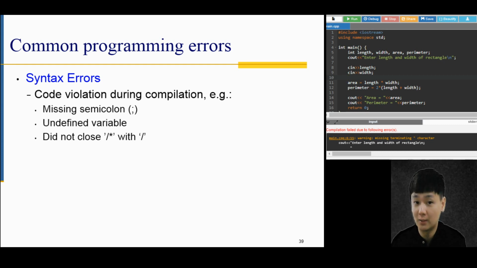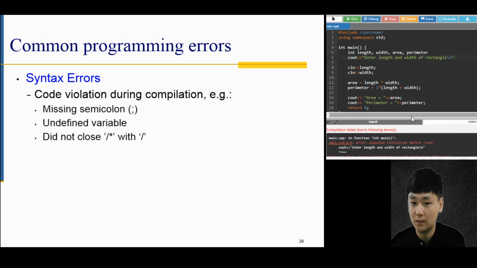For instance, a missing semicolon. What happens is I missed out the semicolon and I run the program. It will show me the error and tell me I should include the semicolon. So this is one example of a syntax error.